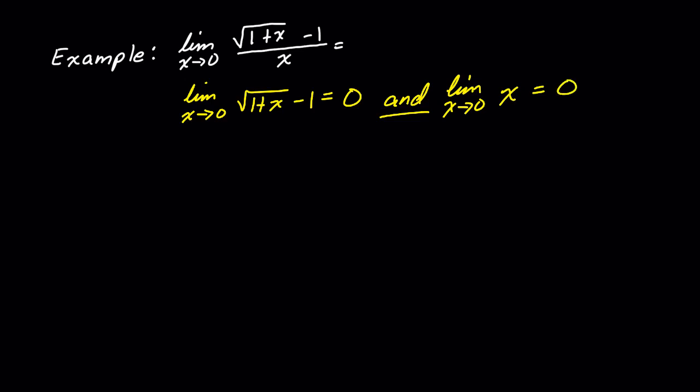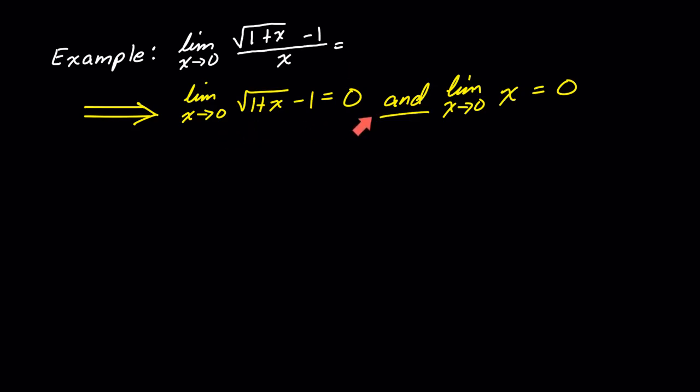Now, on the AP exam, this is something that is critical. You must write these two things out separately. So you need to make sure that you make a statement that the limit of the numerator is equal to 0 and the limit of the denominator is equal to 0. You cannot just write 0 over 0 and be done.